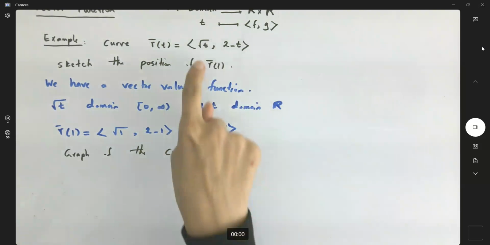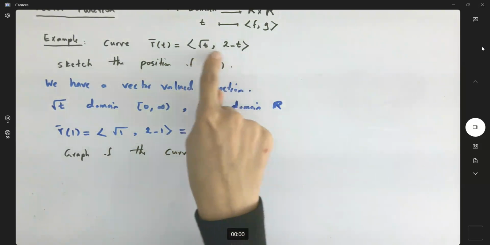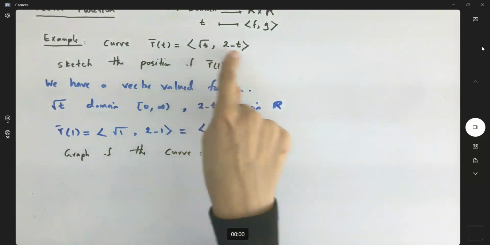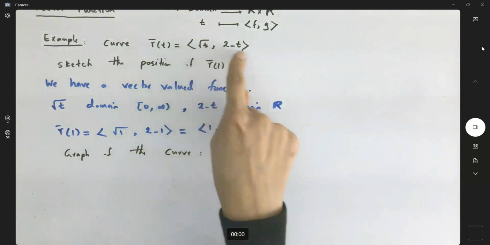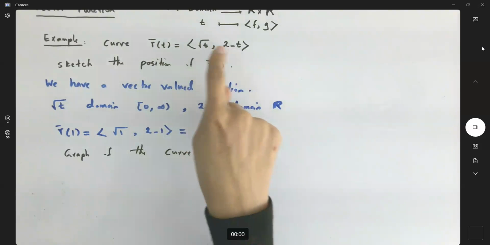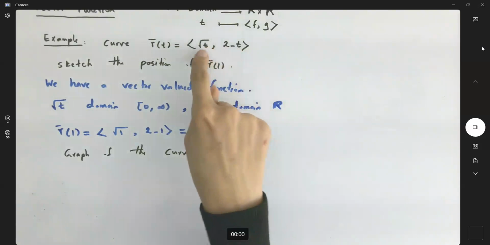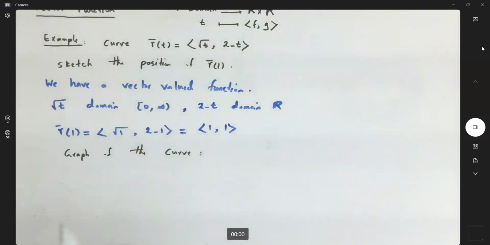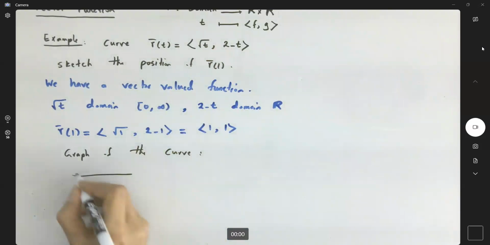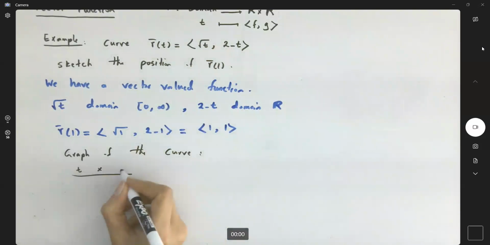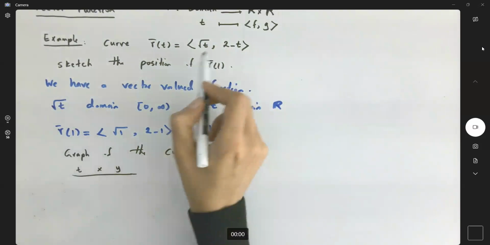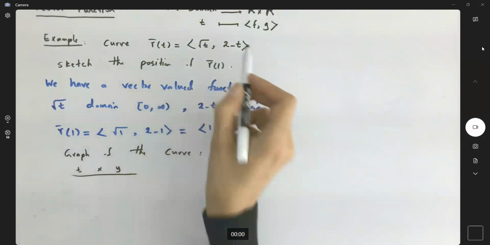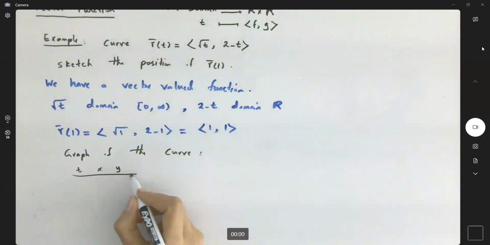You can just plug in different values for T and get a bunch of dots connecting them together, or you can find a relation between X and Y. What's the value of T? What's the value of X? And what is the value of Y? X position, Y position, or F and G. It doesn't matter which one you're using.